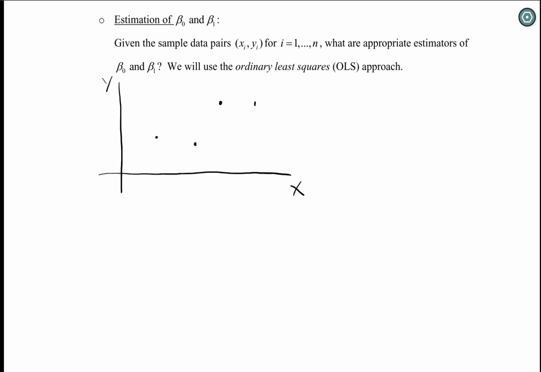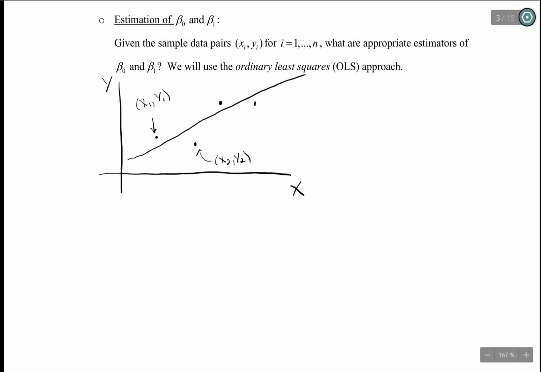This point, say, would be x1 comma y1. This would be x2, y2, and so forth. Now what we're going to have here is, in some sense, a line of best fit that's going to go through the data. And I just drew the line in there.